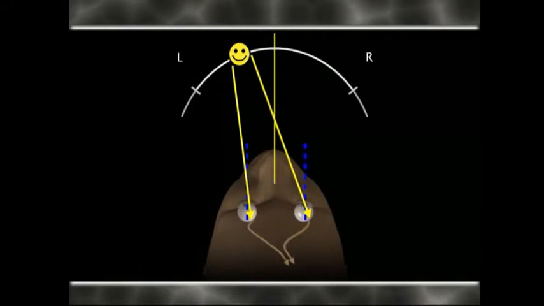There's no mystery to it. It's really very straightforward. So we have parts of each eye that project to one side of the brain. So anything in this part of the visual field, processed here. Anything in this part of the visual field, processed by the other side of the brain.